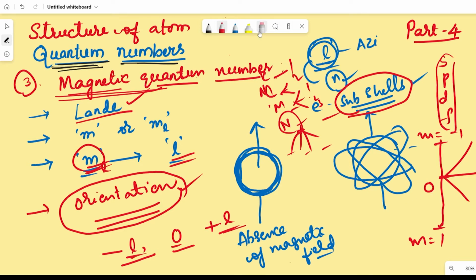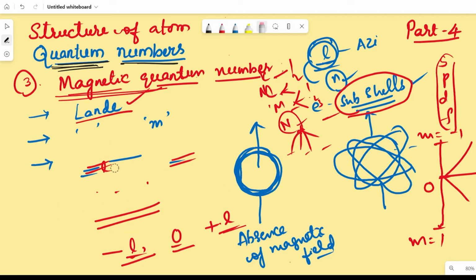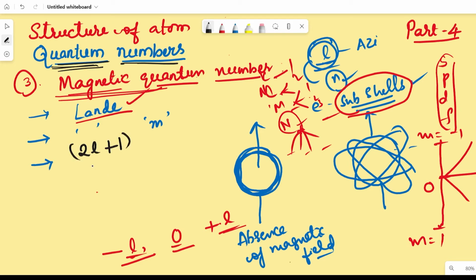Once again I will explain clearly. The number of values depends on the formula 2l plus 1. If the l value is 0, you can substitute 0 here: 2 into 0 plus 1 equals 1.